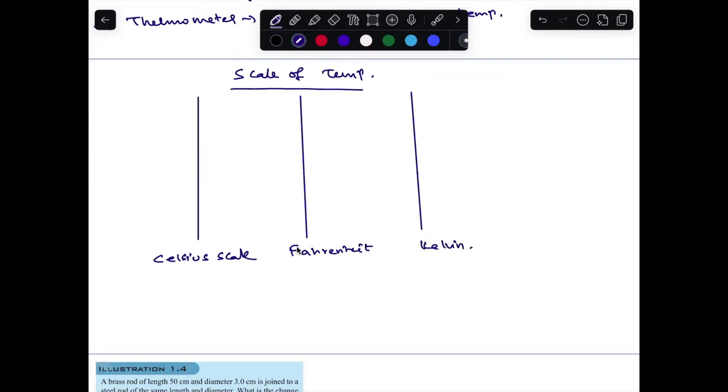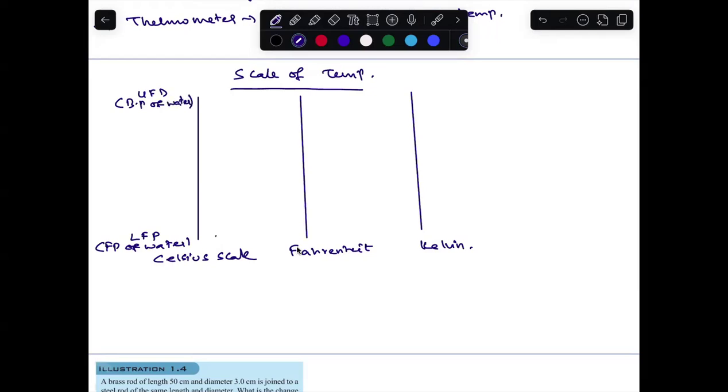See, every thermometer will have a lower fixing point and upper fixing point. Usually, the freezing point of water and the boiling point of water are taken as references for these definitions. Okay, you can write this: freezing point of water and boiling point of water.